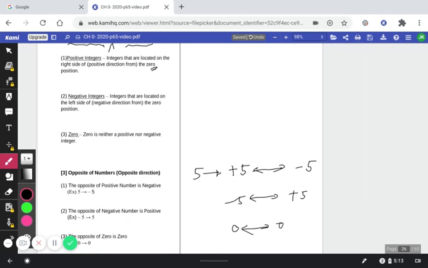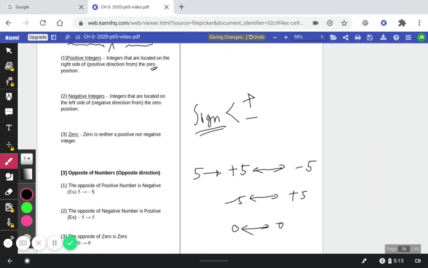Now when you talk about the sign, you never call these plus and minus if you mean to say sign.